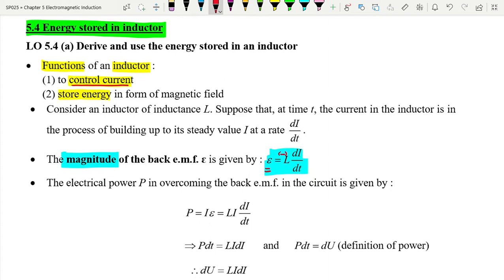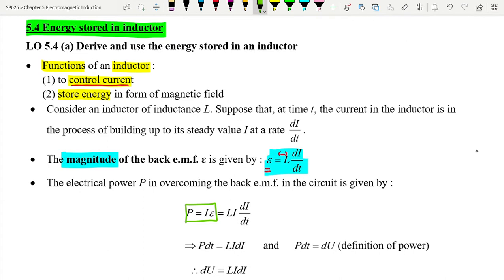Okay, so since ada voltage, ada EMF induced, jadi pada masa yang sama akan ada power. Kita belajar dalam chapter 3, power boleh relate dengan formula EMF ataupun voltage. So the power is given by P equals I times V, current darab dengan voltage. Kat sini saya highlightkan formula power, I times the voltage.